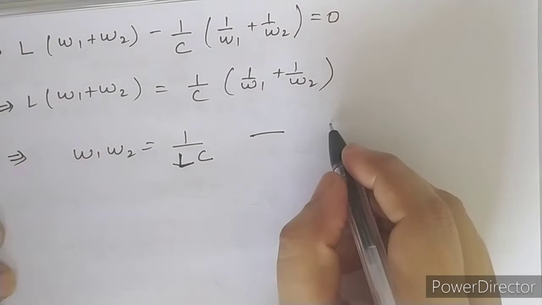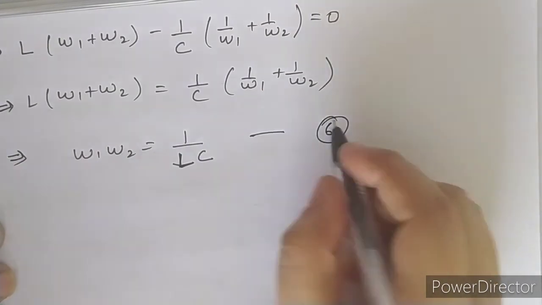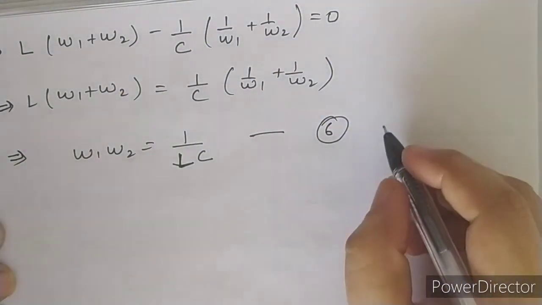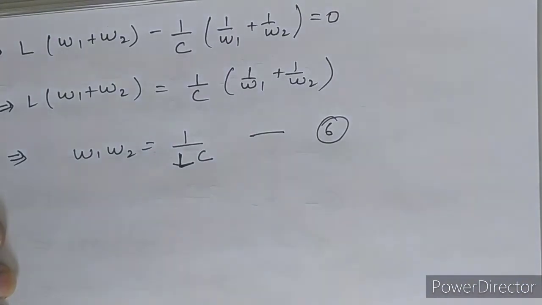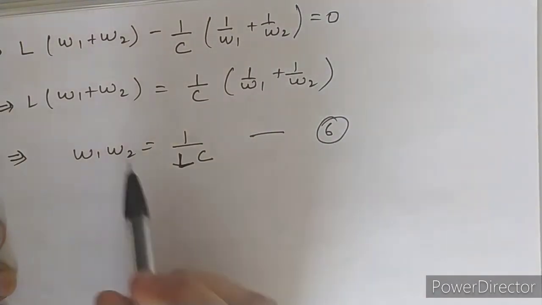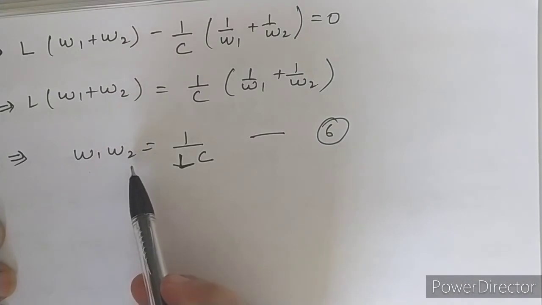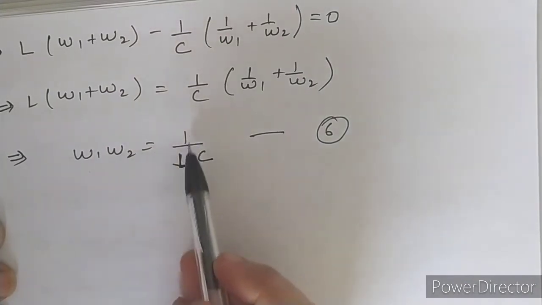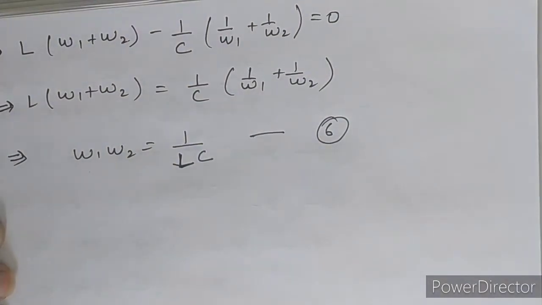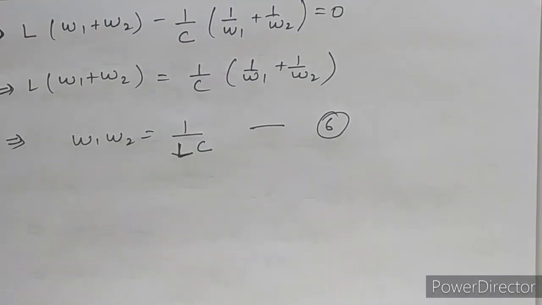This will be your equation number 6. You have to prove this. This is your first homework. Moving toward the second one, after solving this equation, you have to prove that the product of omega 1 and omega 2 is always equal to 1 upon LC, and this is the answer of this calculation. This is your equation number 6.